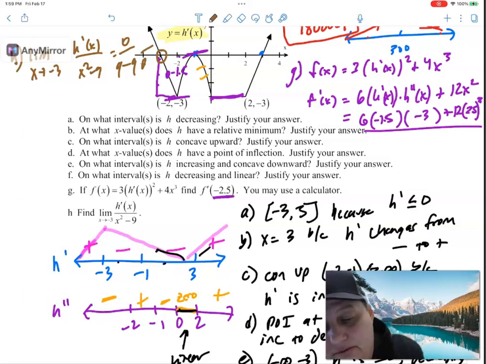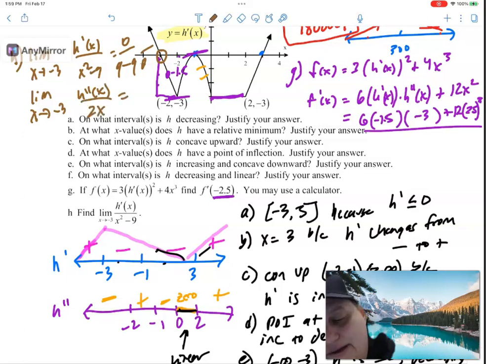So it goes to 0 over 0, so I'm going to do L'Hopital's. So I'm going to do the limit as x approaches negative 3 of h double prime over 2x. H double prime at that point is negative 1/3, and then 2 times negative 3. So a negative divided by negative is a positive, and then that's going to be 1 over 3 times 3 times 2.